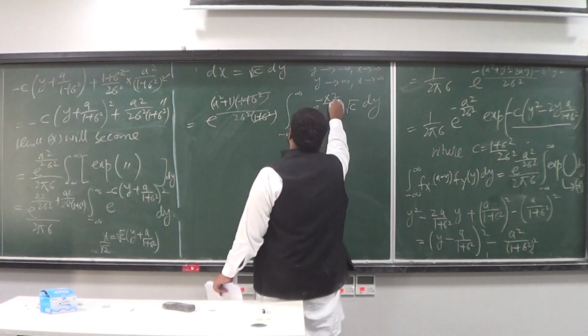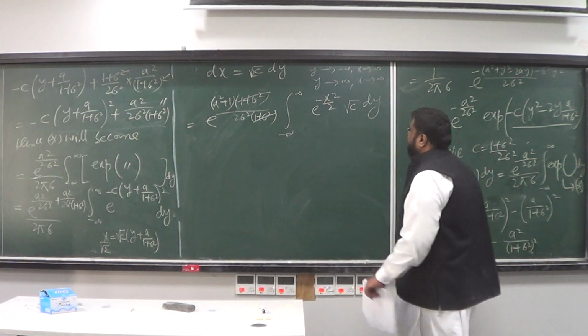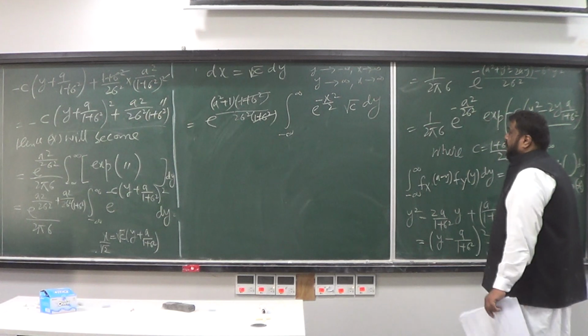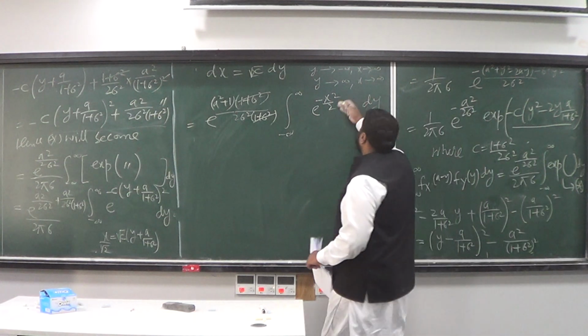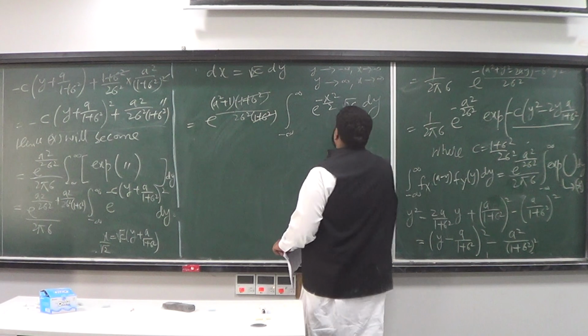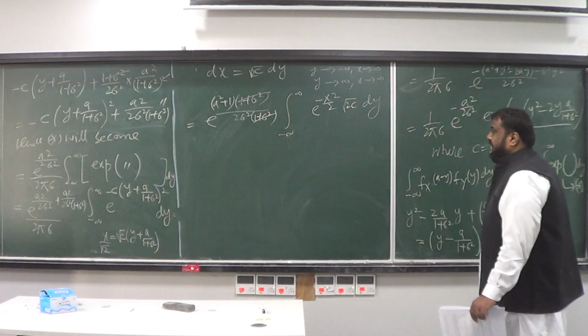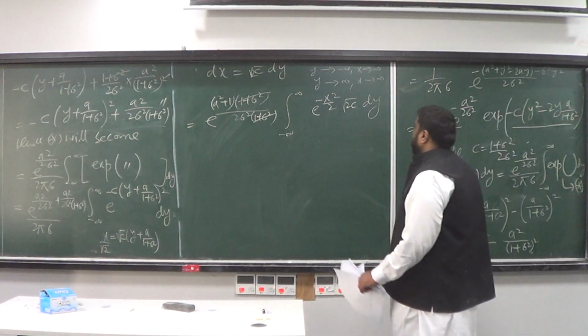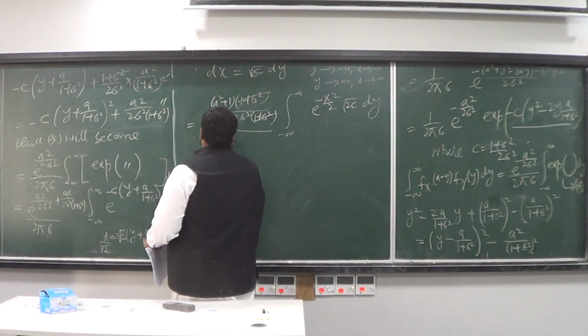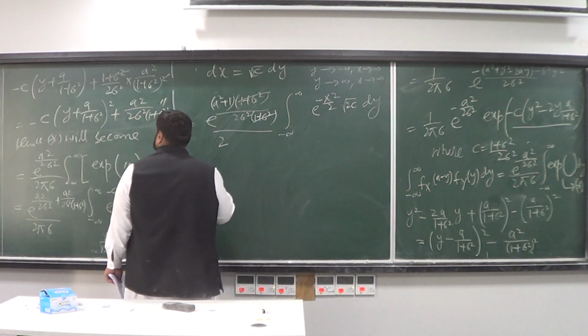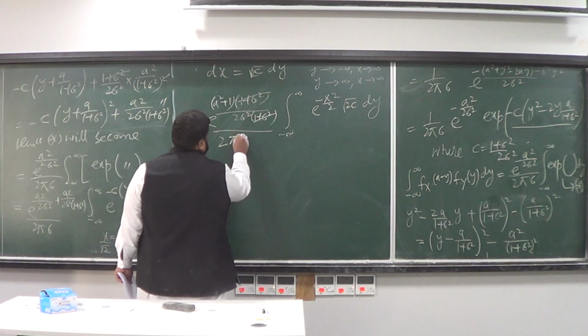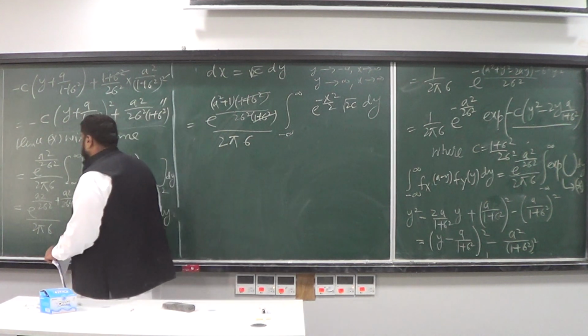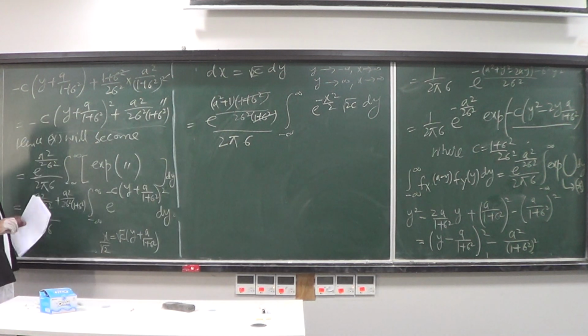So the good thing with this is that it will become e to the minus x square by 2, and here you're going to have a square root of 2c. I hope I'm making correct calculations. I'm going to have 2 pi sigma, so we have 2 pi sigma here.